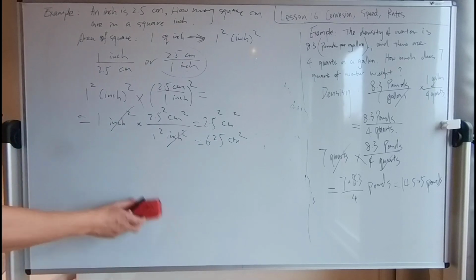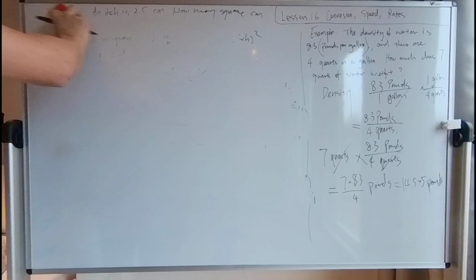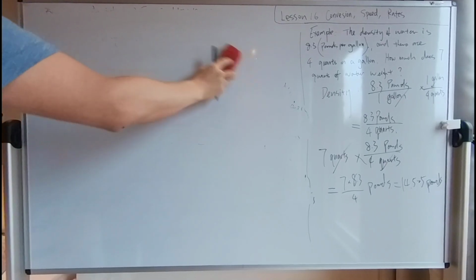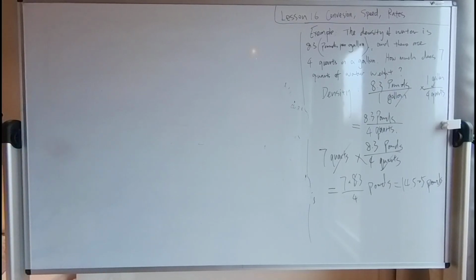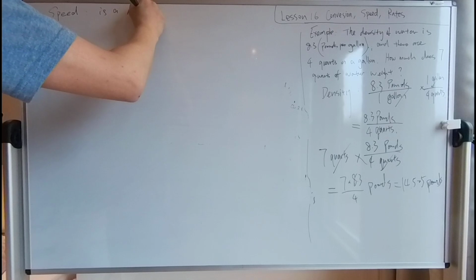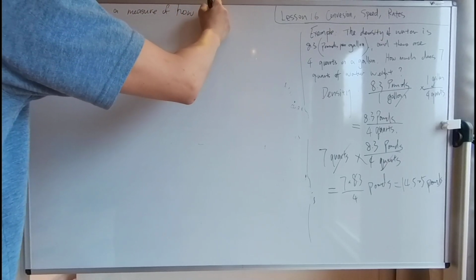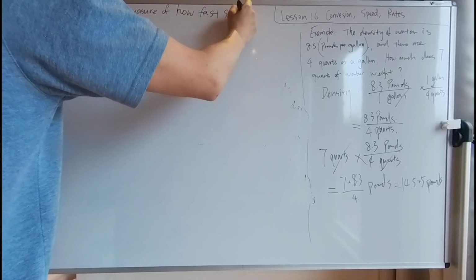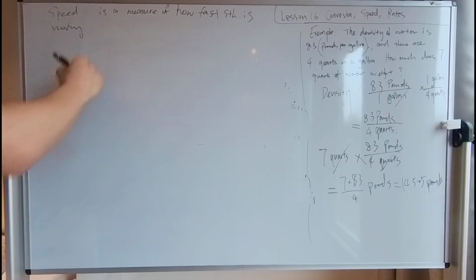Okay, so now after we see the examples of the conversions, we go to the last important concept, which is speed as a typical case of rates. Right, so speed is a measure of how fast something is moving.